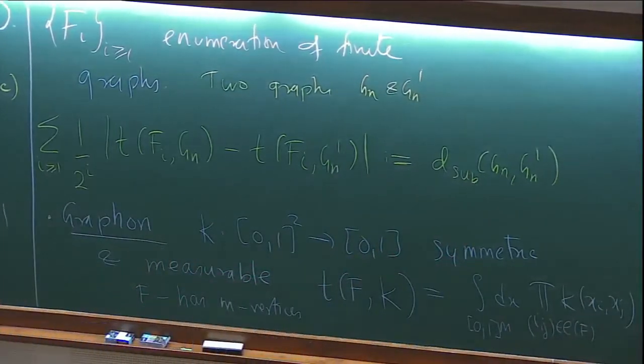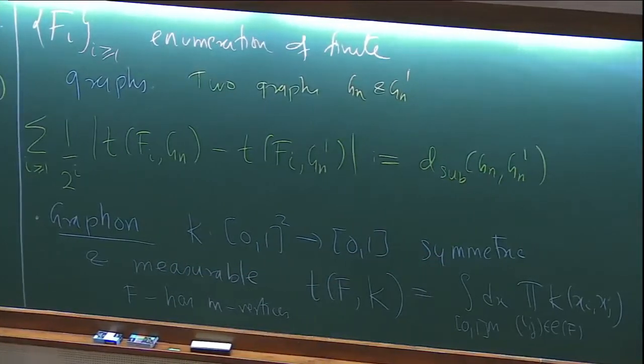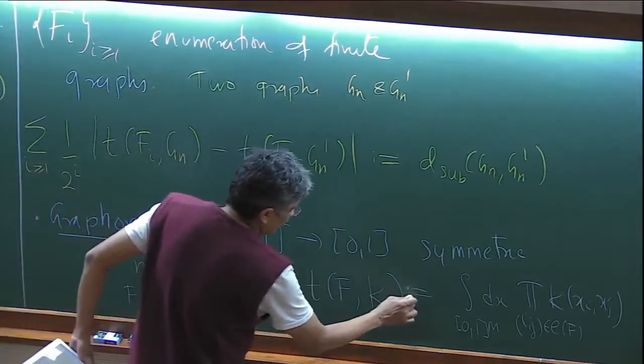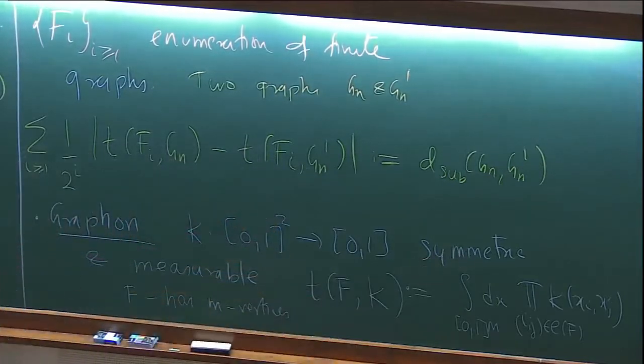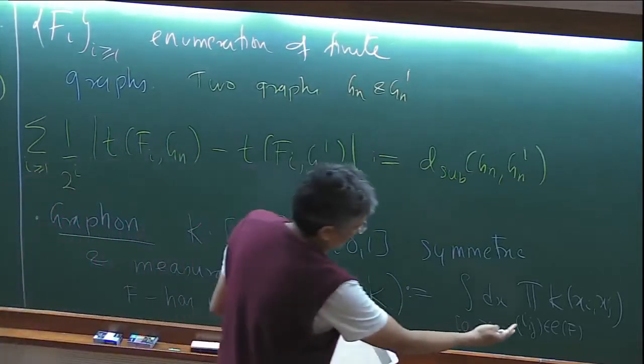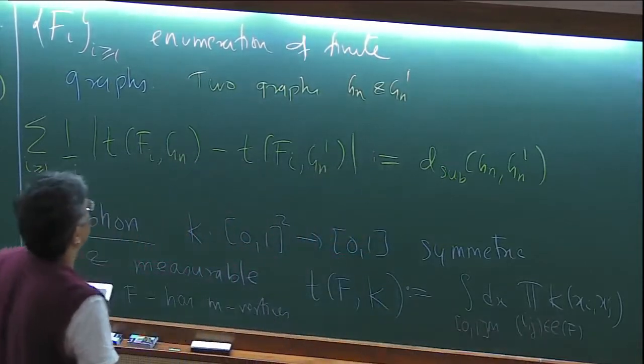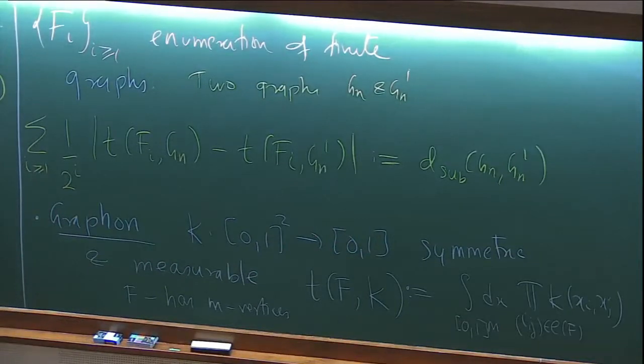So that's the function kappa, how we want to read it. That's the definition of tF of kappa. This has an intuitive meaning, which I'll come to in a few minutes. But as of now, that's the definition. It's just the m-fold integral of this functional. You take kappa(xi, xj) over all edges of F, where E(F) is just the edges of F.